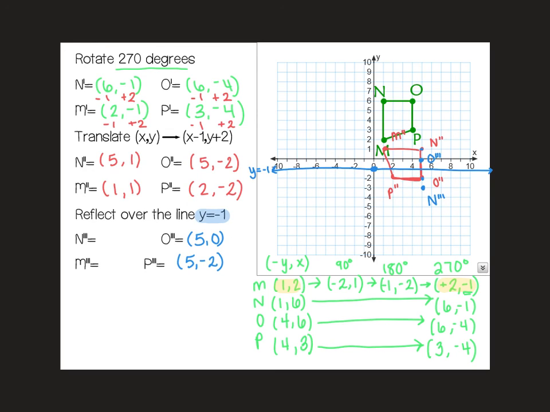Pause the video and repeat this process for the other 2 points. The 2 remaining points are listed now, and I've also graphed the final shape, which I'm going to shade in to make it a little easier to see.